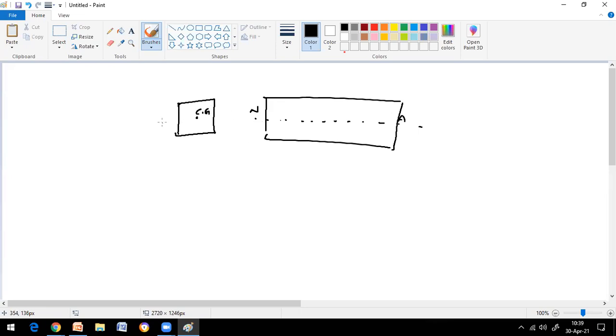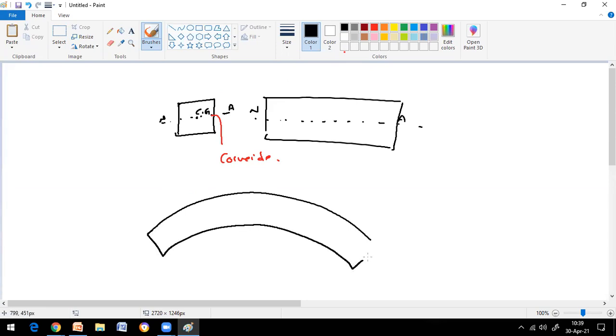The neutral axis and CG will always coincide in the same plane. But when you take a beam which is curved, this is your neutral axis.